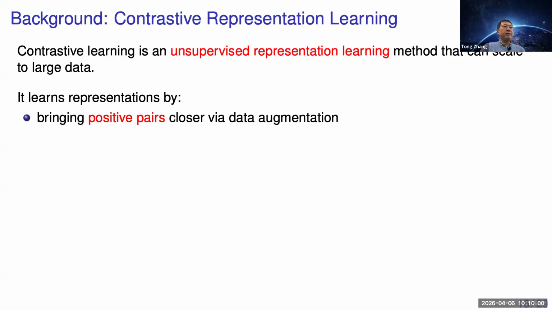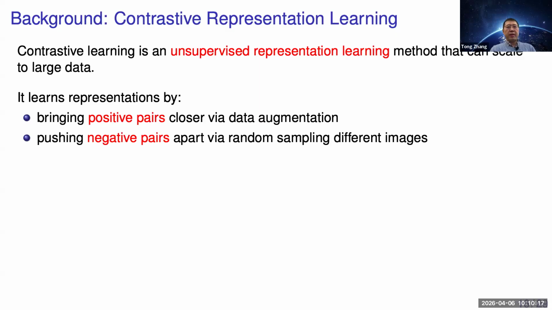You bring positive pairs closer via data augmentation. If you remember, for each image you generate a batch, and for each one you do data augmentation. They make positive pairs. Negative pairs come from randomly sampling different images from your batch.